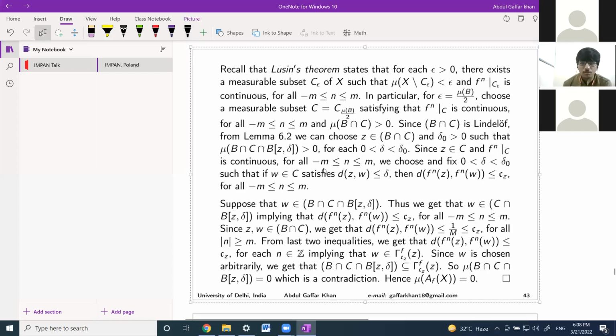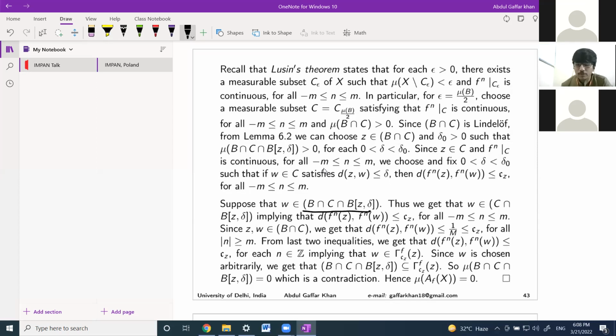Now using this continuity and the definition of AM, we will observe that this set is a subset of gamma CZ of Z. That is due to the definition we have given of gamma delta x: Y belongs to X so that the distance between f of x and f of y is less than delta. So this set is contained in this set by using the continuity and the definition of AM. We can observe that. But this set has measure 0.